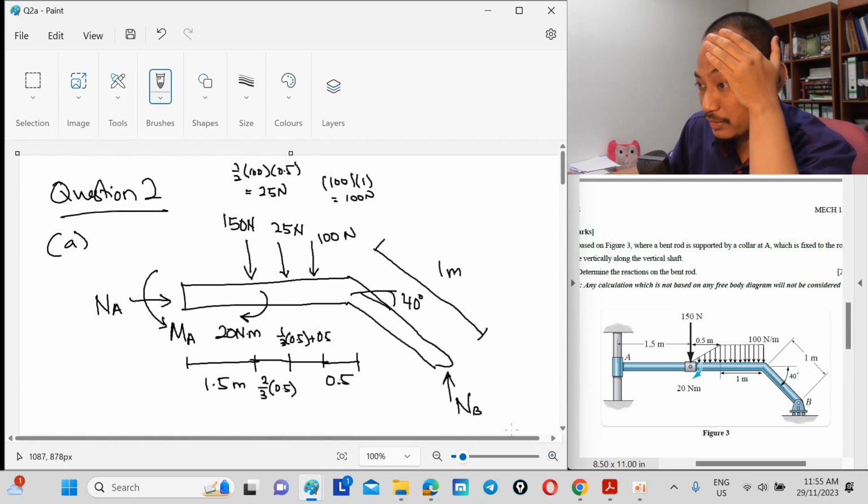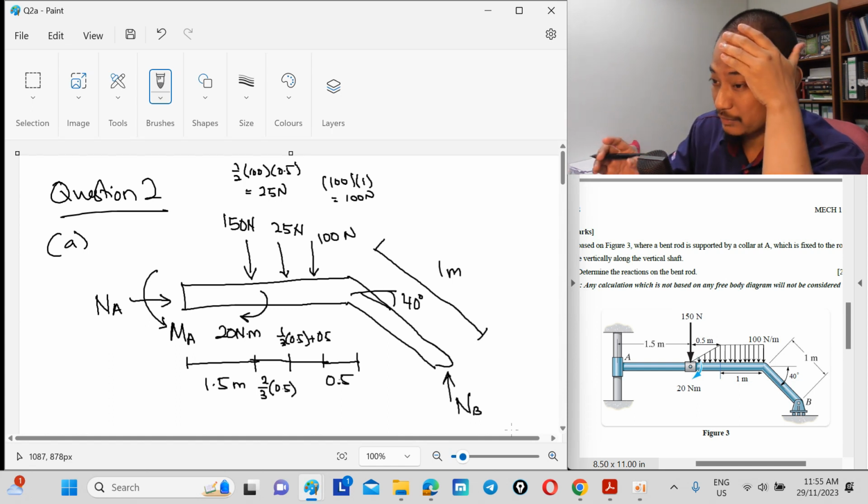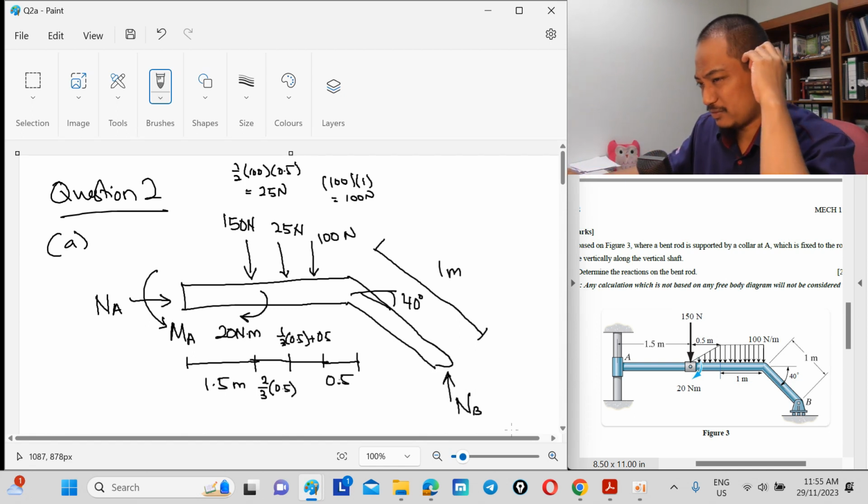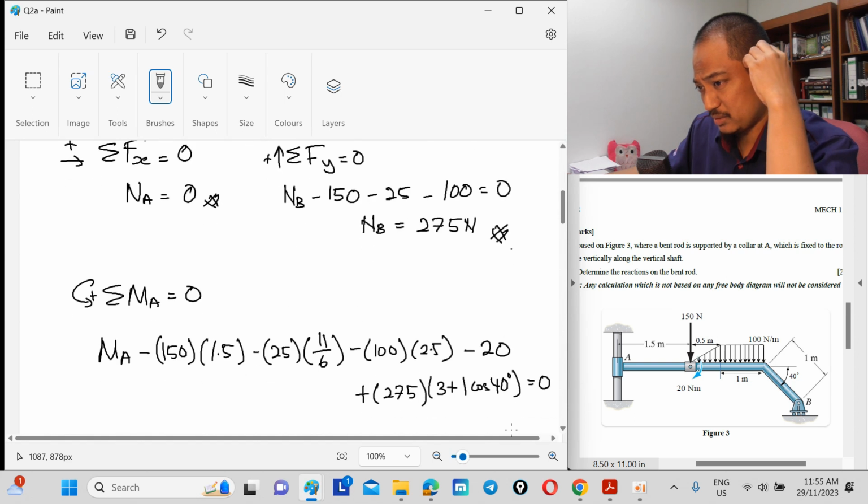Is there anything else missing? 150, 1.5. That 25 is at 2/3, meaning 2/3 of 0.5. So we add that 100 and 100, so it's halfway, half plus 1/3 there, and then the remaining is halves. So this should be correct. So yeah, take note of this.